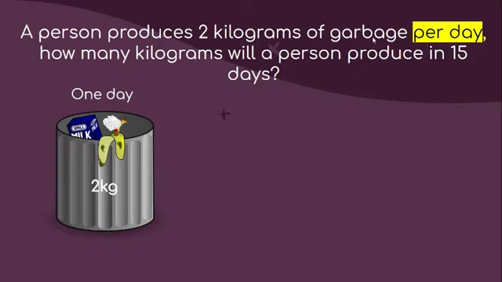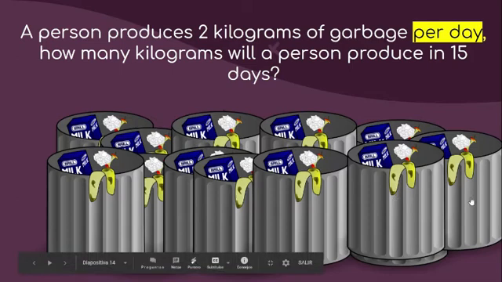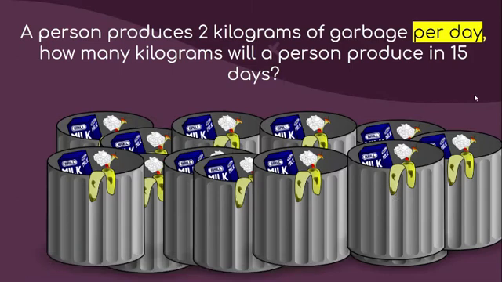What about 15 days with the same amount of trash every day? This is just an example. You know that there should be even more trash cans. So this time repeated addition is just not a good idea because it would take a really long time.